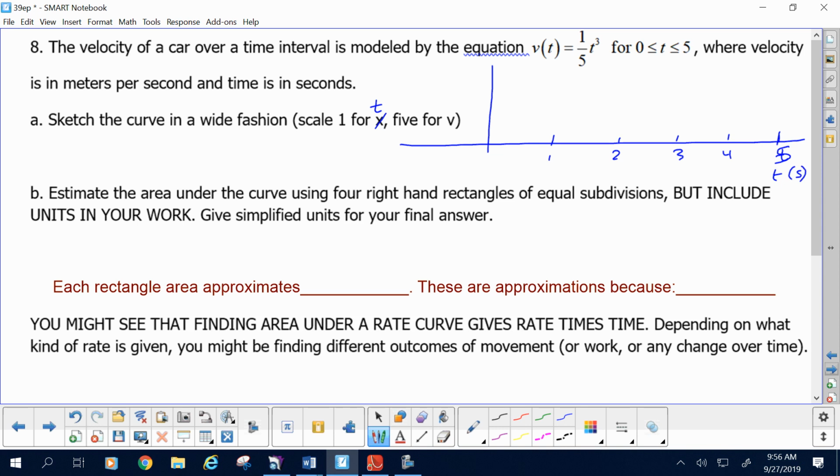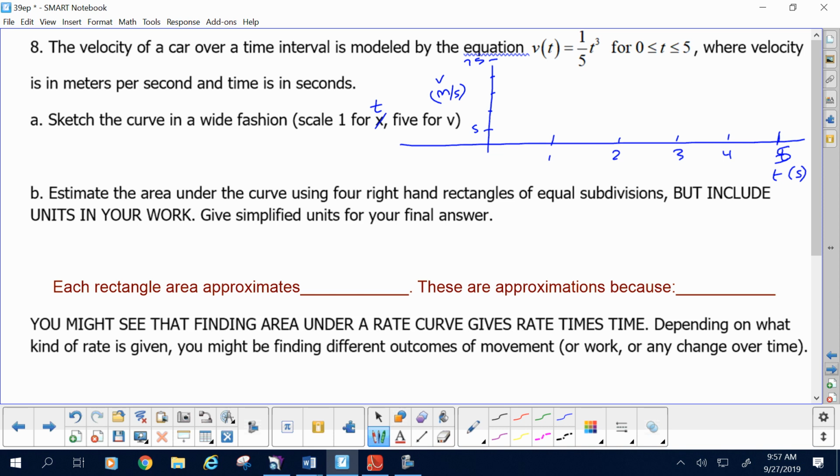And velocity, what's the maximum velocity over the time interval? 25. 5 cubed is 125. Over 5 is 25. So if you go by 5s, 5, 10, 15, 20, 25, and that's velocity in meters per second.